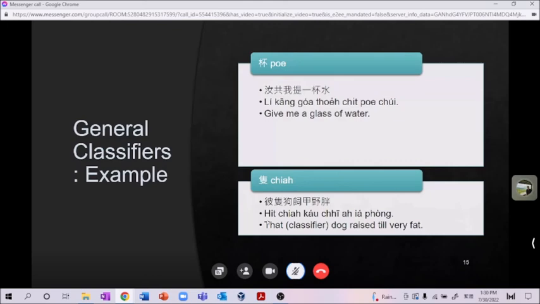So that classifier of dog. Chi is to raise, and then a or ka, a dialectal difference. Some people say ka, some people say a. This means to the point at which it becomes very. Ya is very, and then pong is fat.